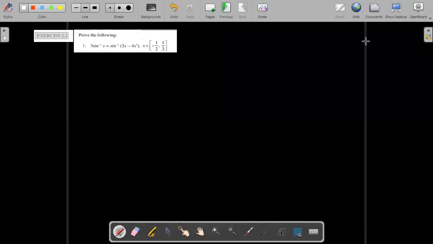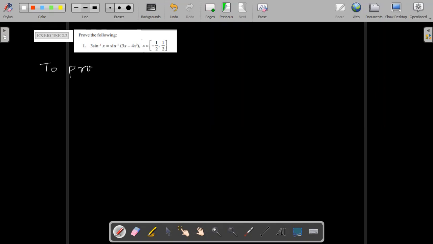As I told you, this is just coming from sine 3 theta. So for proving this, we have to prove 3 sine inverse x is equal to sine inverse 3x minus 4x cube.